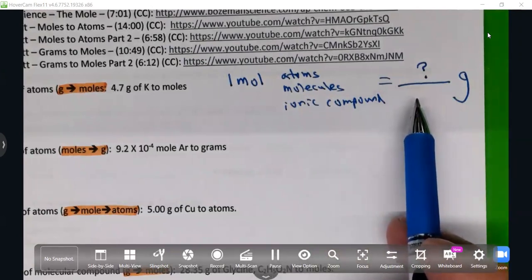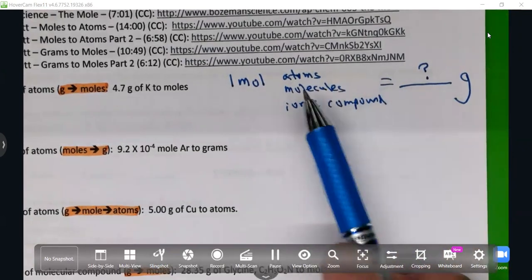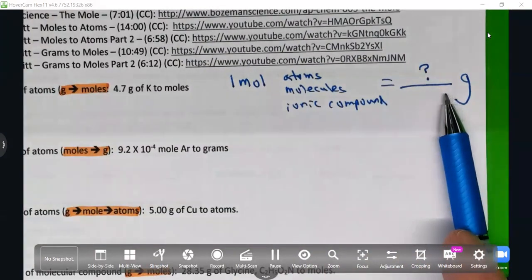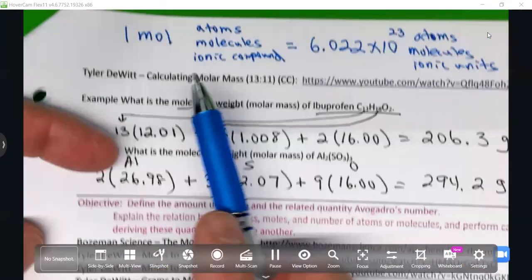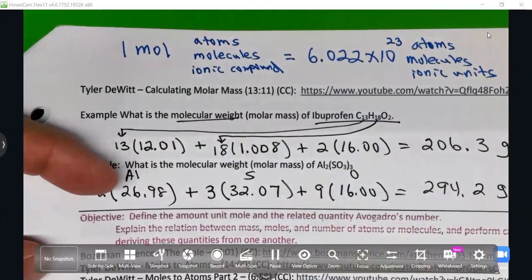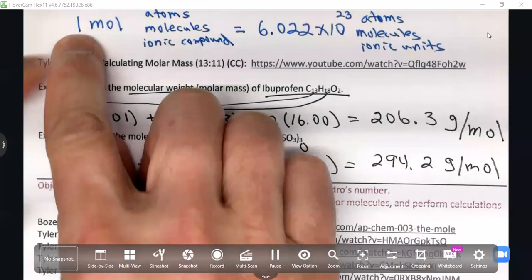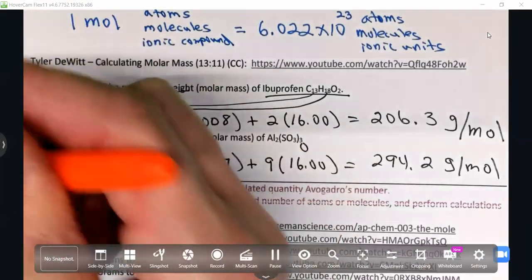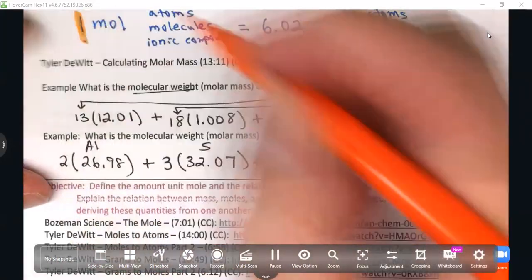Those are the only two conversions we are using. 1 mole to grams or 1 mole to 6.022 times 10 to the 23rd. And realize it is always 1.